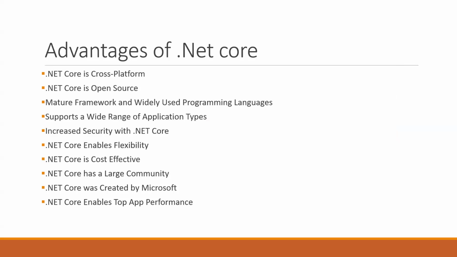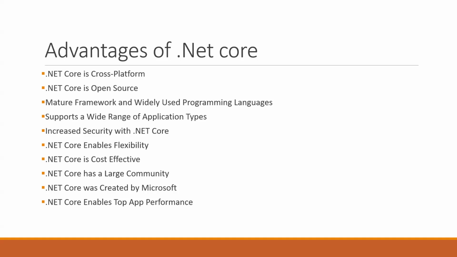So .NET Core is a cross-platform, open source, matured framework and widely used programming language. It supports a wide range of application types. It has increased security with .NET Core.